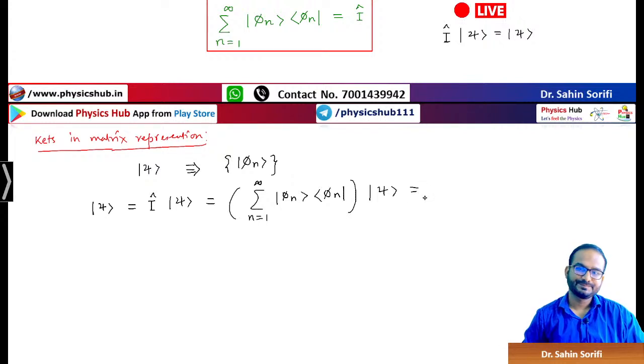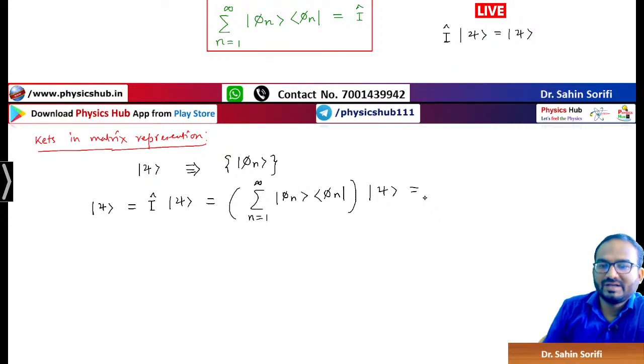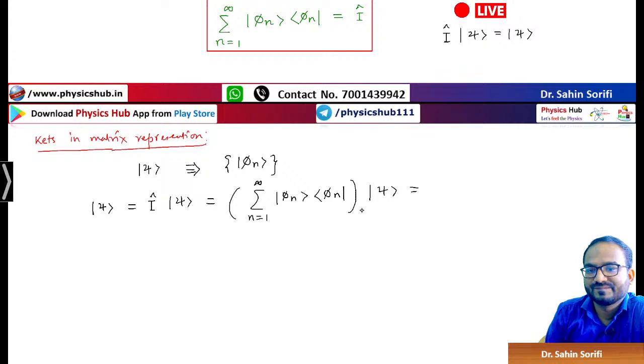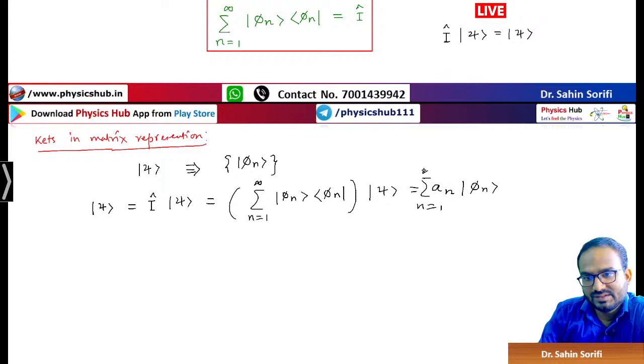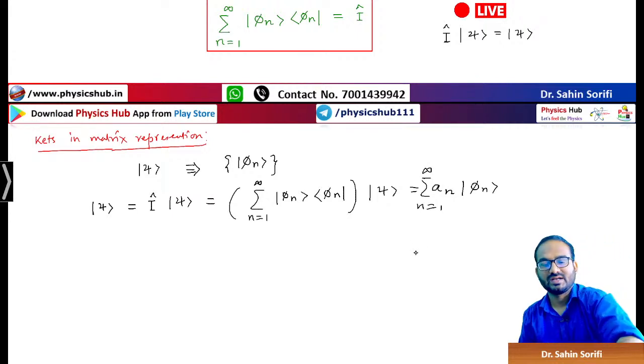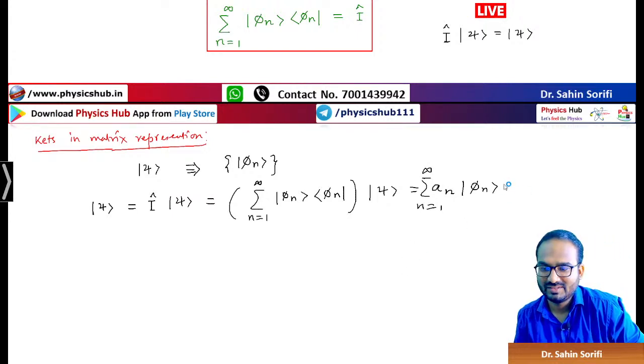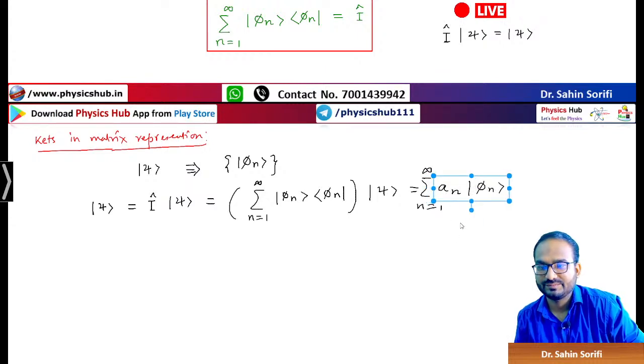So what is this? What is this bra phi n psi? Bra phi n psi is a n, and this ket phi n is remaining. Do you understand this one? I think most of you will not understand, but let me know if anyone has understood why we have written this.